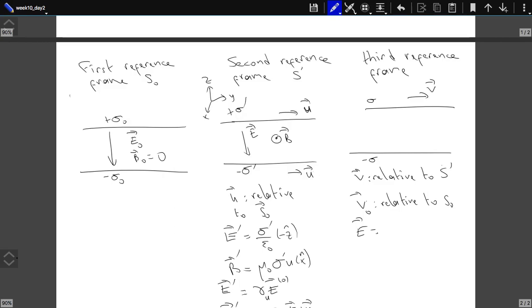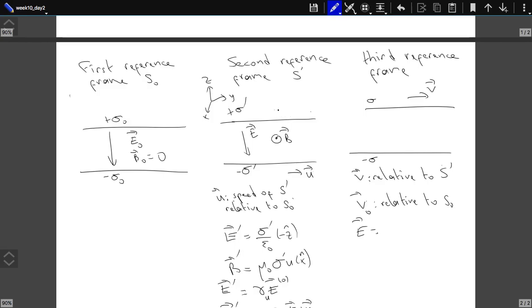So your friend suggests that we should use u to denote the speed of the reference frame S prime relative to S0. Then the plates are moving with a speed minus u.